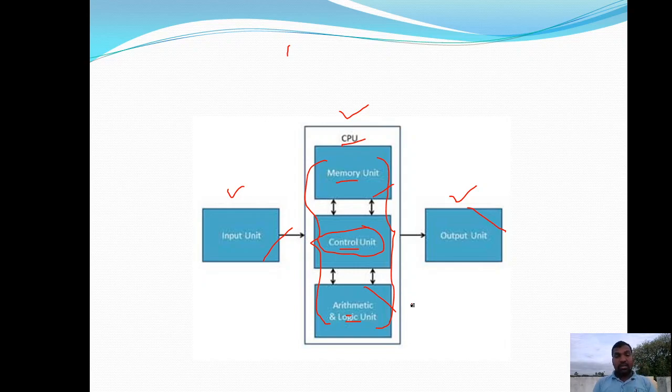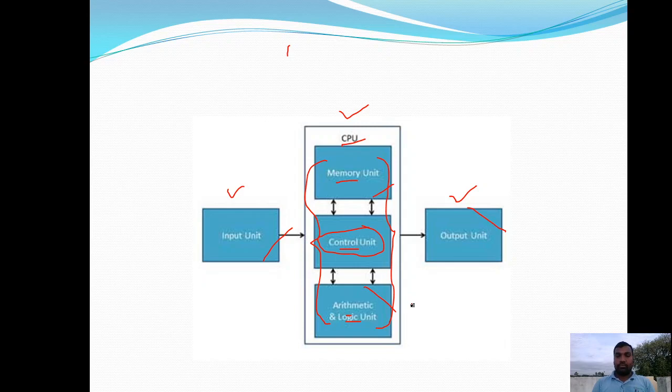The input given by the user is in user understandable language. That input is transferred into computer understandable language, then it performs the operations, and the output is also in computer understandable form. Then the output unit is responsible for converting that computer understandable data into a user understandable form.